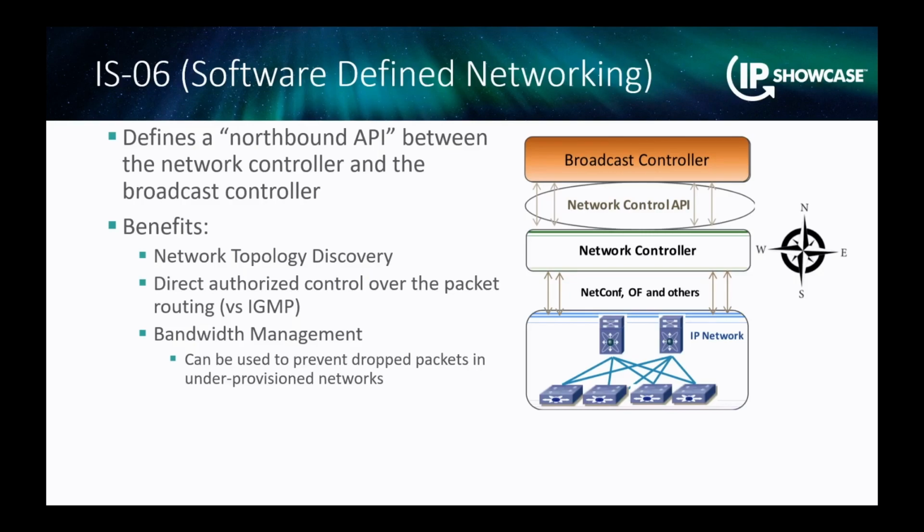So this never really caught on because it turns out IGMP can handle thousands of streams, so you don't really necessarily need this. It's some extra complexity. It does give you a lot more control. So if you're willing to absorb a little more complexity and you want to have complete maps of your system and you want to do bandwidth reservation, topology discovery, it's kind of a nice thing to have, but most systems just rely on traditional IGMP.